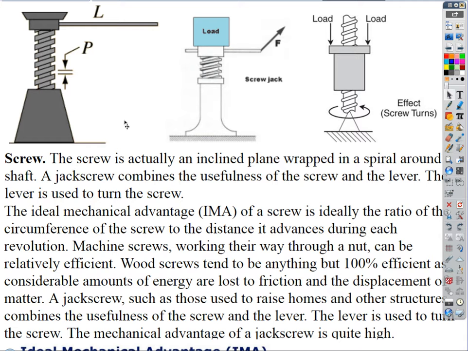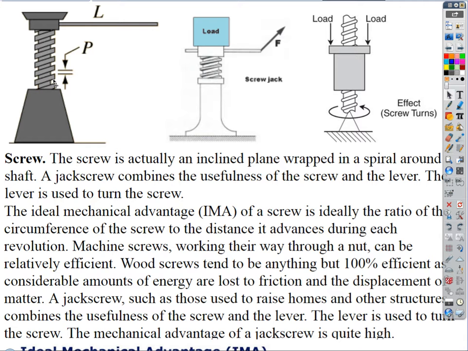The distance from the center of the screw to the outside. It's going to be some circumference. When you've turned the screw through the wood, one circumference of the shaft of the screw, how far did it go into the wood? Well, it went the distance from that edge to that edge, right? See how we calculate that then?